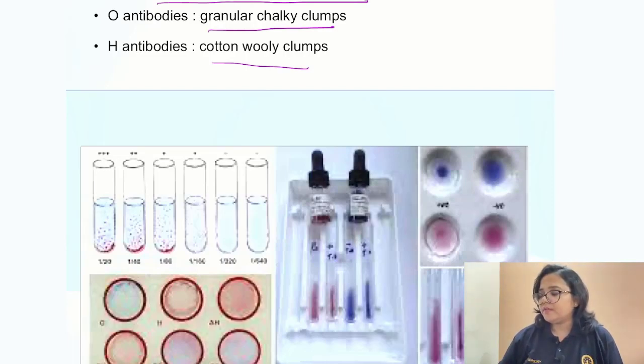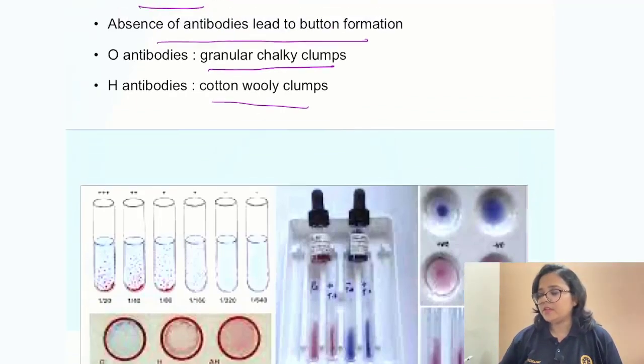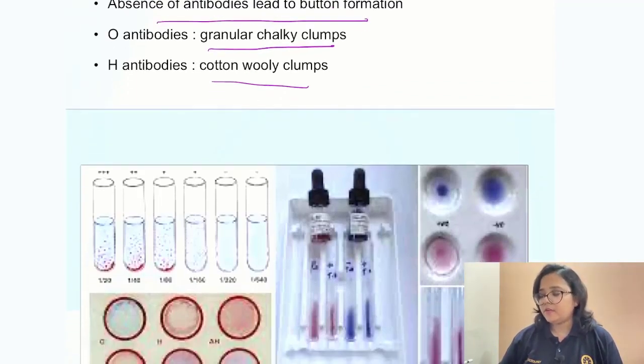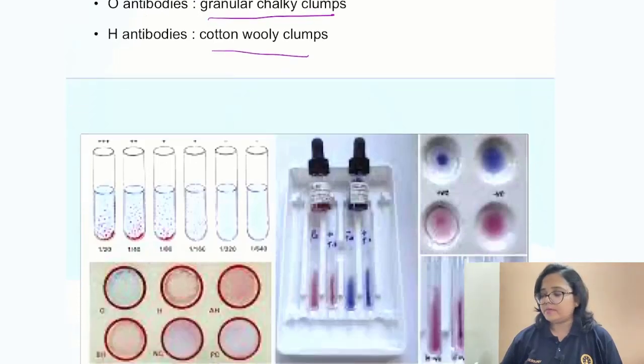If there is agglutination, there will be mat formation at the end of the tube, or it may be clumps: for O antibody it will be granular chalky, and for H antibody it will be cotton woolly clumps.